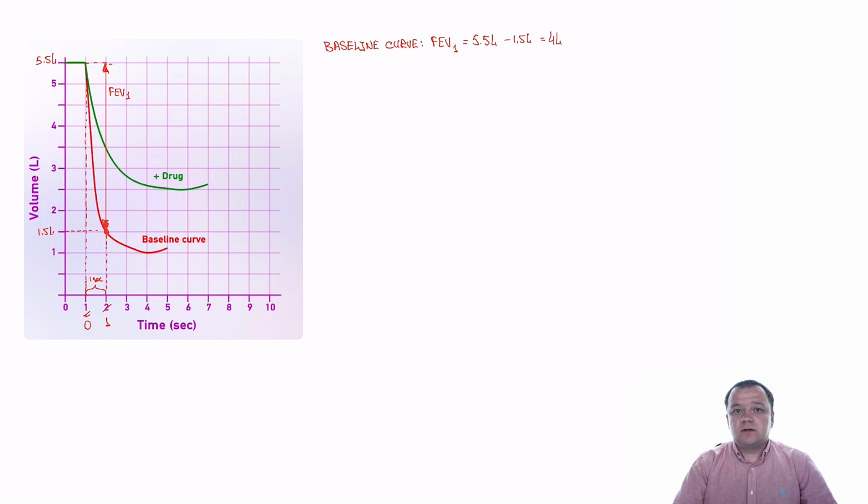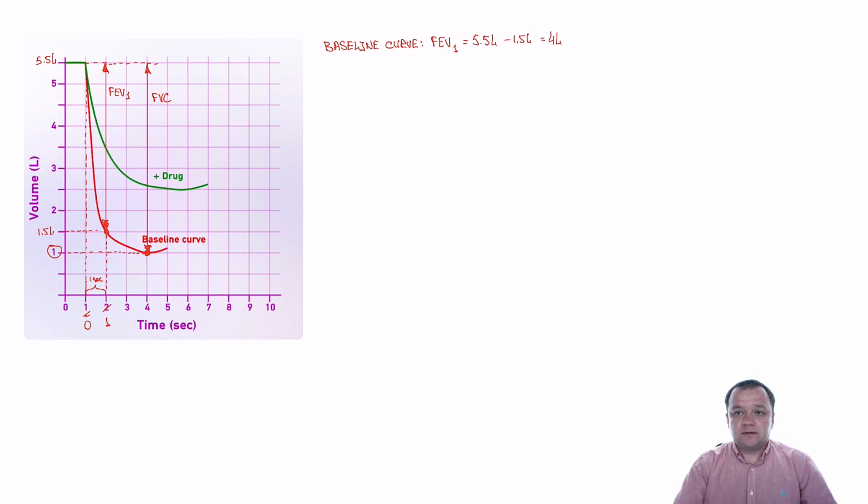Now let's calculate forced vital capacity, or FVC. The FVC will be the difference between 5.5 liters and this red point at the bottom of the curve. This point, as you can see, corresponds to the volume of 1 liter. So this will be FVC.